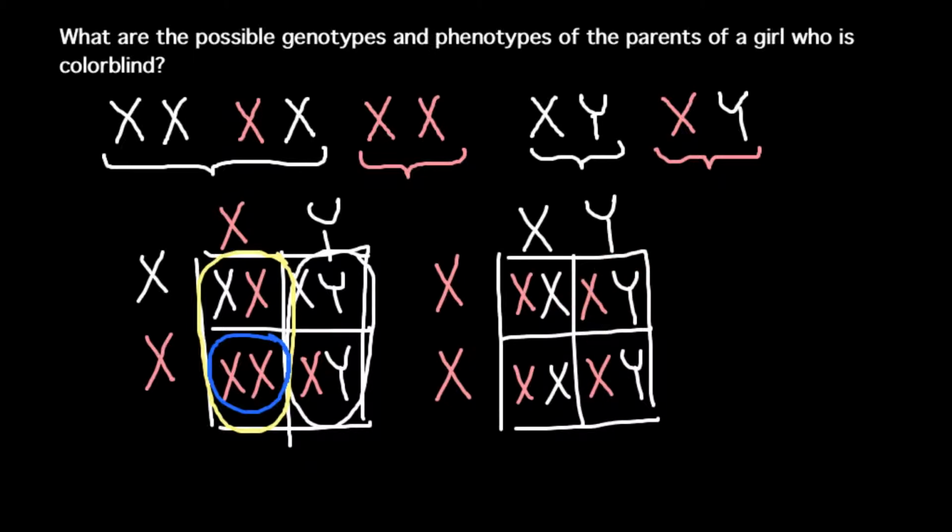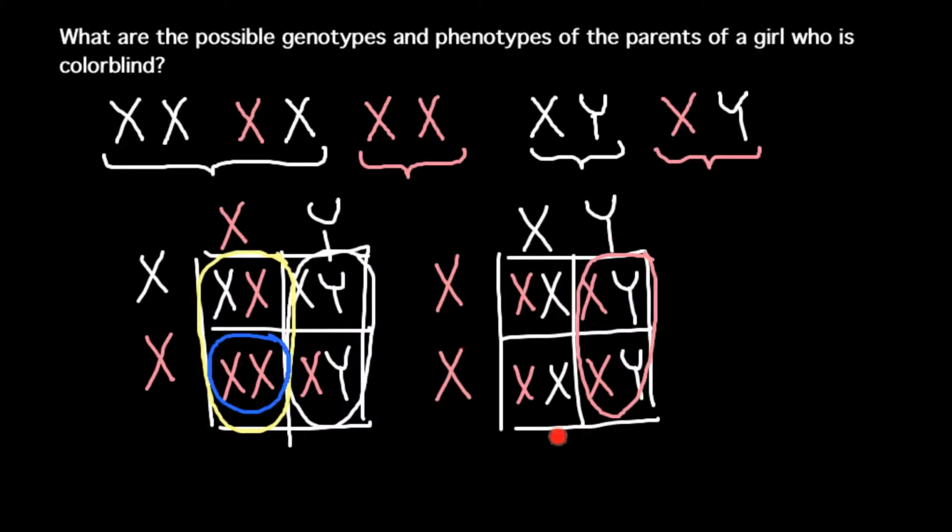So 100% of males would be affected, but none of the females. Females would be carriers. So what other possible variant would there be?